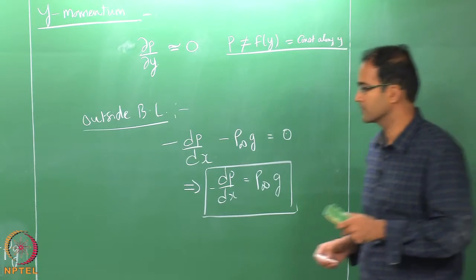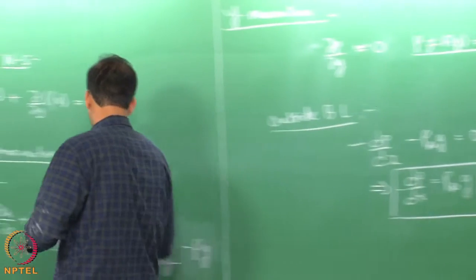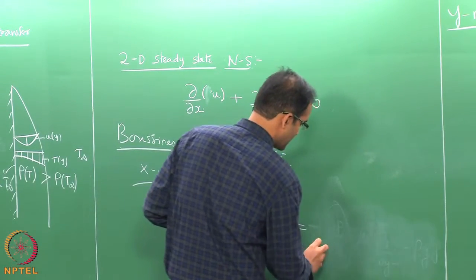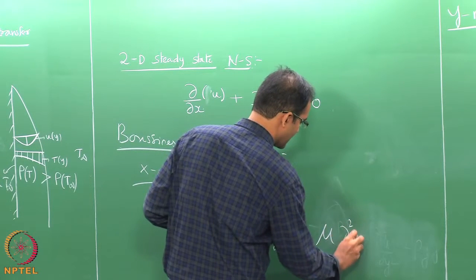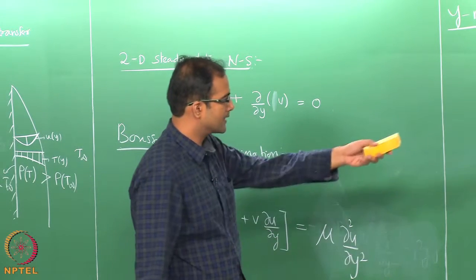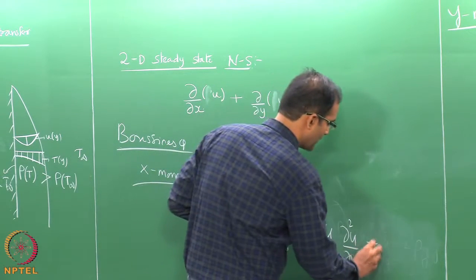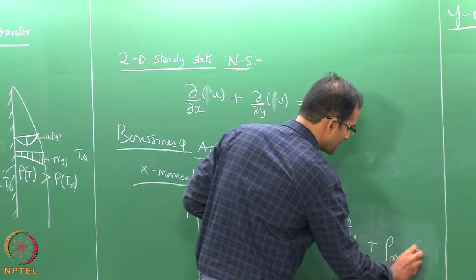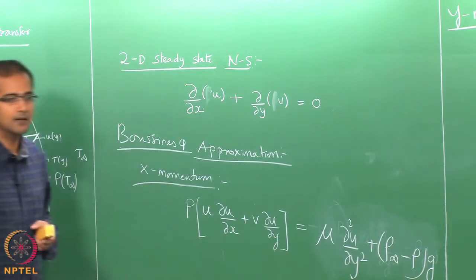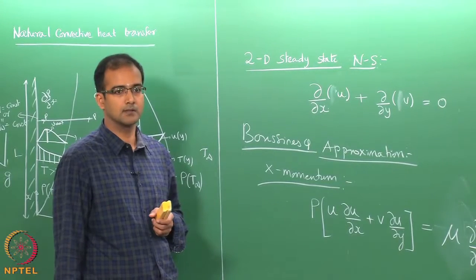Now if you substitute for dP by dx, you have mu d square u by dy square here. So, minus dP by dx is rho infinity g, and therefore you have rho infinity minus rho times g. This will be the body force.